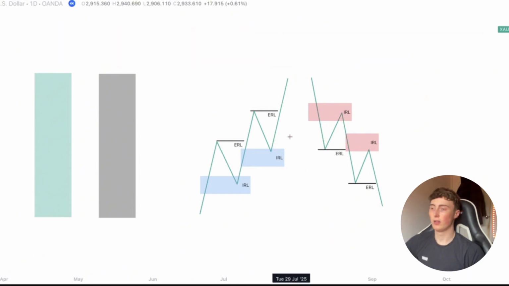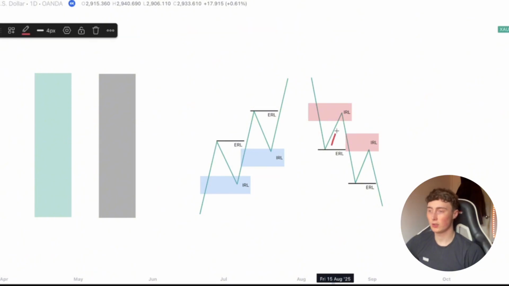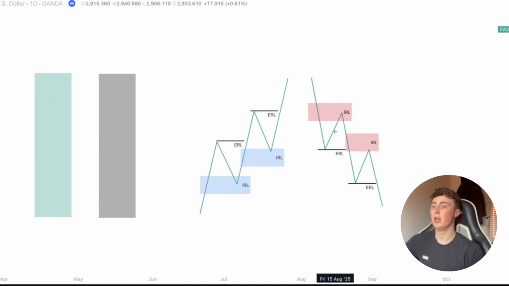Let's say another example, price is bearish, but I'm trying to trade the retracement towards internal range liquidity. Instead of just trying to buy at this low, what I'm going to do is wait for the 1 hour or 4 hour to be bullish, right, and build bullish order flow, and then I'll get in on these kinds of lows, right? So just making sure I'm aligned with the intraday time frames. That's how I get my bias.